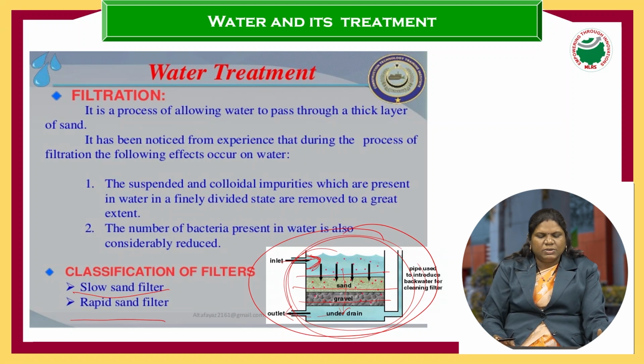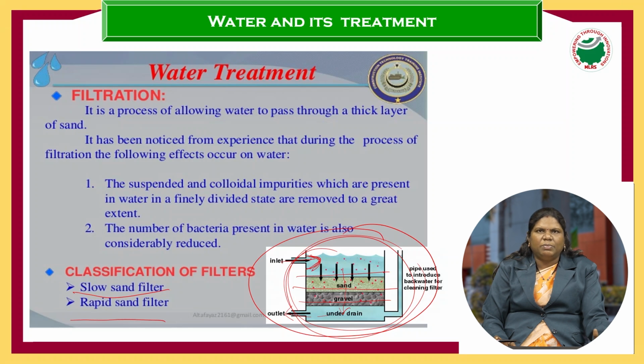Okay, what is the difference between the slow sand filter and the rapid sand filter? The slow sand filter is not provided with a pressure inlet, but in the case of the rapid sand filter, as the name indicates, it is rapid. The inlet for pressure will be present in the rapid sand filter.